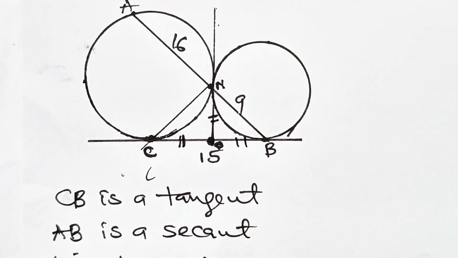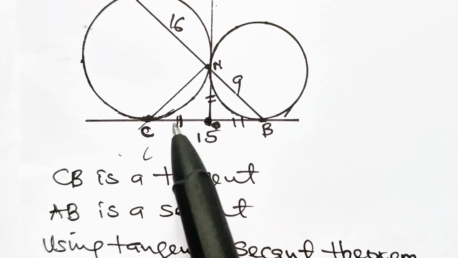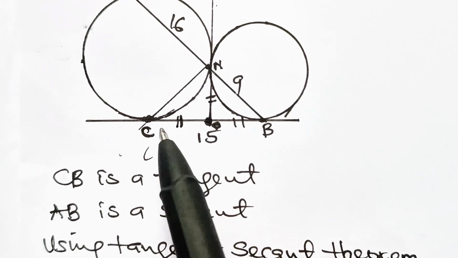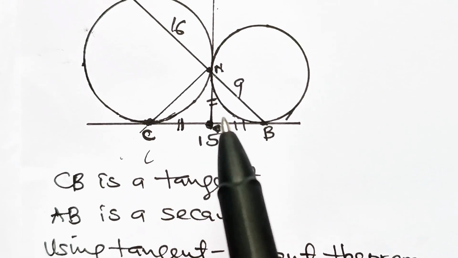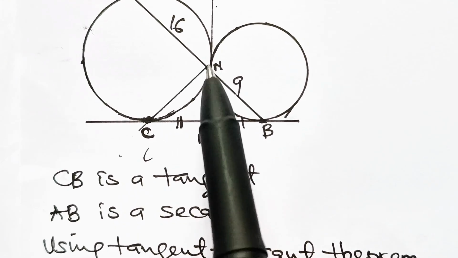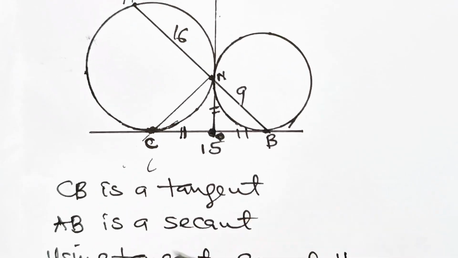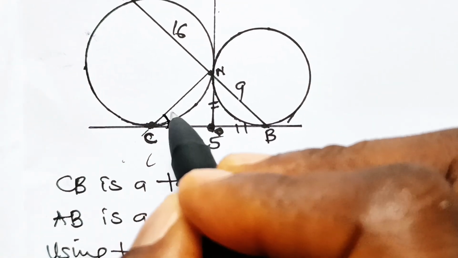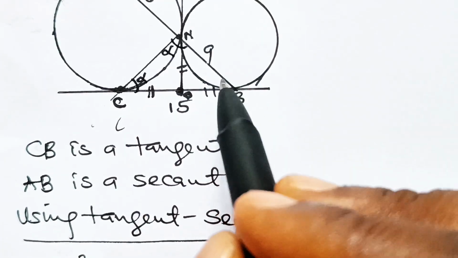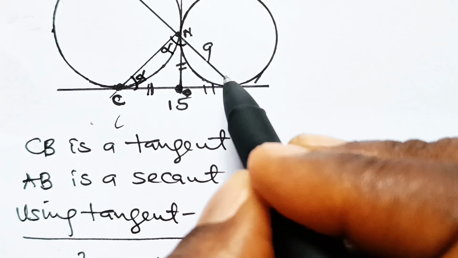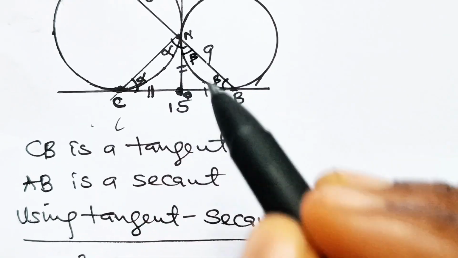Now you can see that we have triangle CON and the two sides are equal. Therefore, triangle CON is an isosceles triangle, and the base angles are equal. So if this is alpha, then this angle is alpha as well. Similarly, if this is beta, this angle is beta as well.